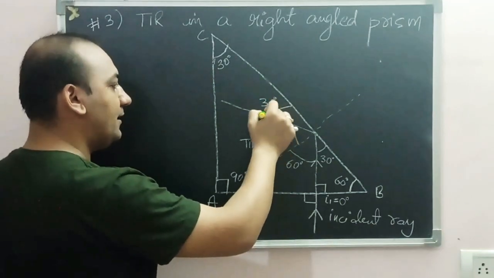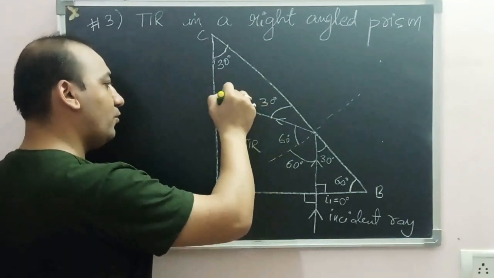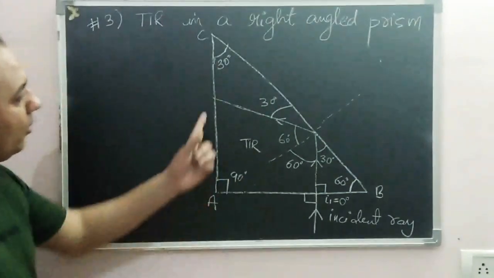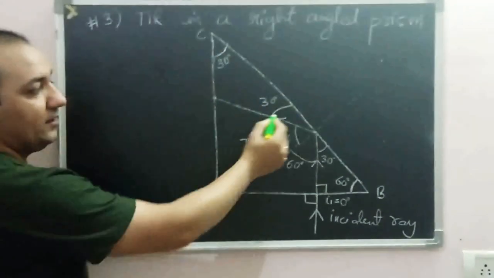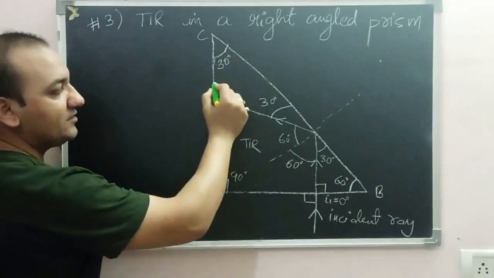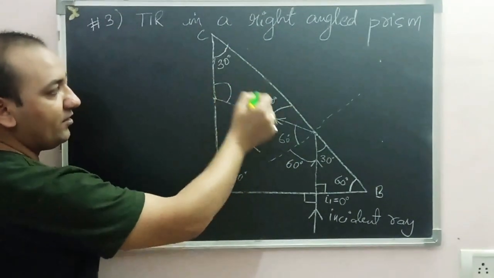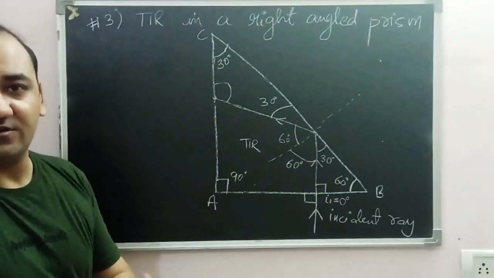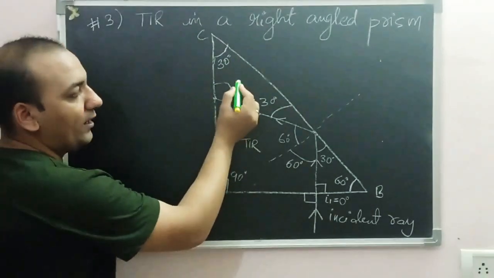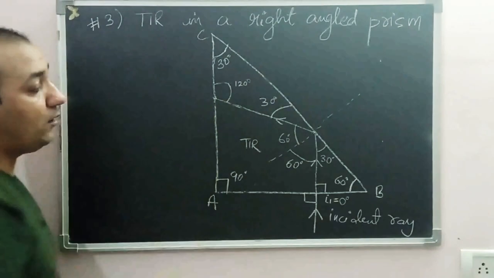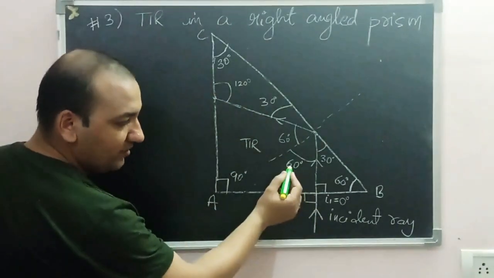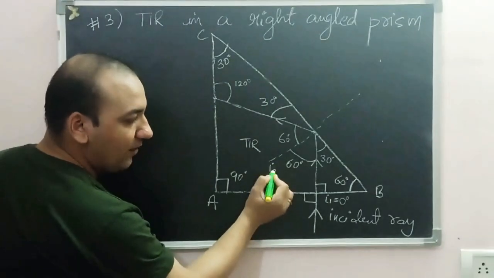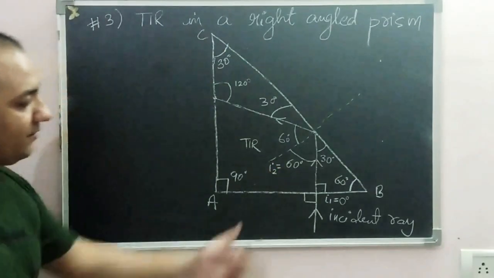Now this particular ray goes obliquely or slantly onto the other side and touches this prism on the surface AC. This is 30, this is 30. By angle sum property, since 30 plus 30 makes it 60, and 180 minus 60 makes it to be 120 degrees. But we need to figure out what is our I3, because I1 was 0. This 60 was our I2. I forgot to mention here, I'm just doing it, that I2 was 60.